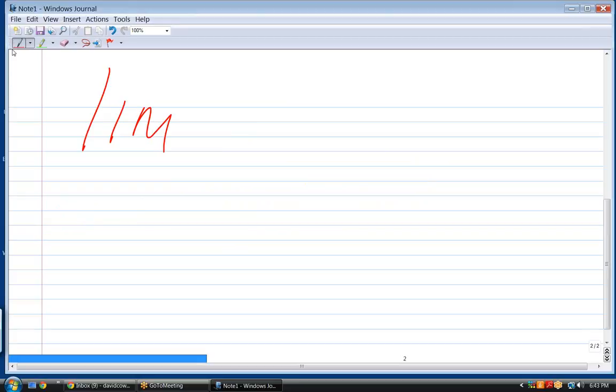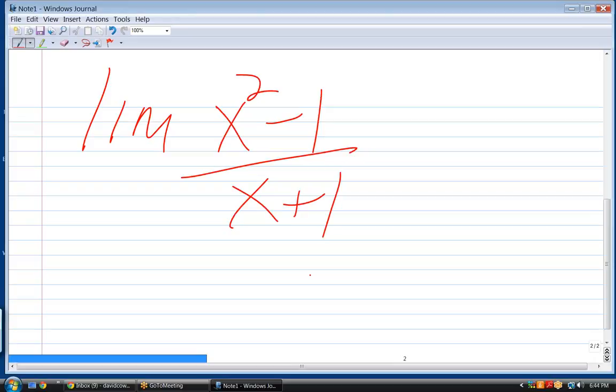Well, limits really aren't that hard. Usually limits involve factoring. In other words, a typical limit tough problem would be this. Because when I substitute, let's say x goes to minus 1, when I substitute directly, I get 0 over 0. Like I said, if I get anything but 0 over 0, I pretty much know the answer. But when I substitute and I get 0 over 0, then I have to do more things.